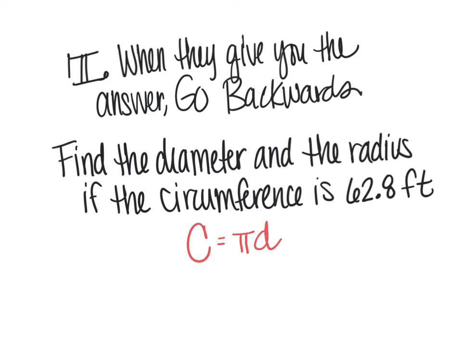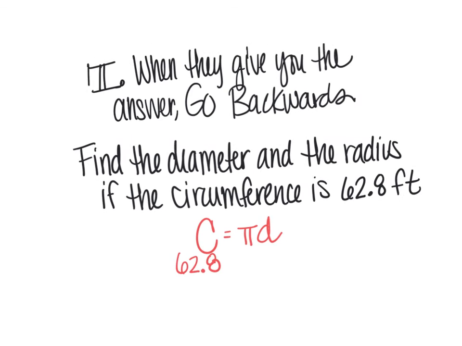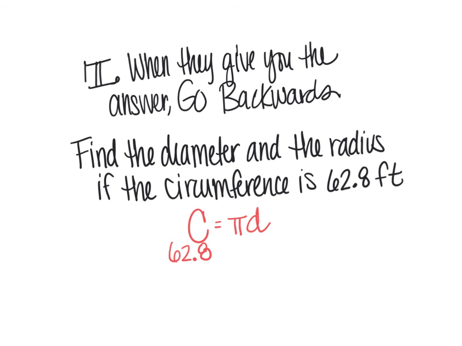All right. Now, in this one, though, they give us the answer. What is the circumference? So I'm going to put 62.8 right there. Why did I put it under C? Because it's the circumference. Now, up at the top it says when they give you the answer, you're going to go backwards.